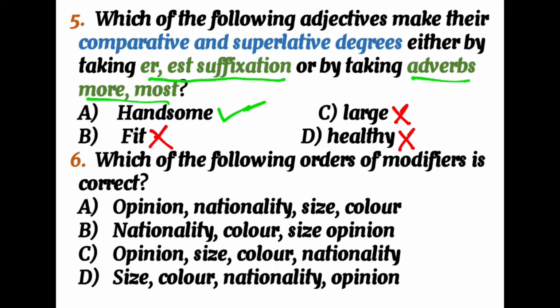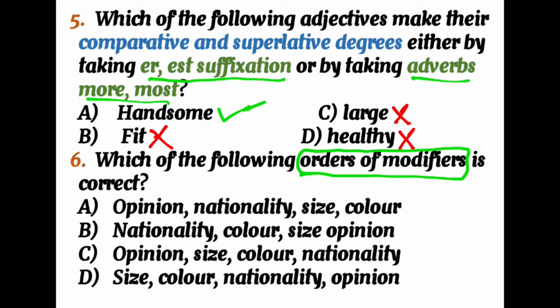Next thing is, which of the following orders of modifiers is correct, right? The thing that has to be found out from here is order of modifiers, right? Now I have told you that adjectives can be stacked. So adjectives are also modifiers, so do not again be confused that I have written modifiers here instead of adjectives.